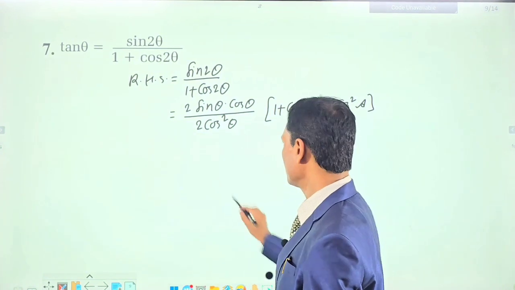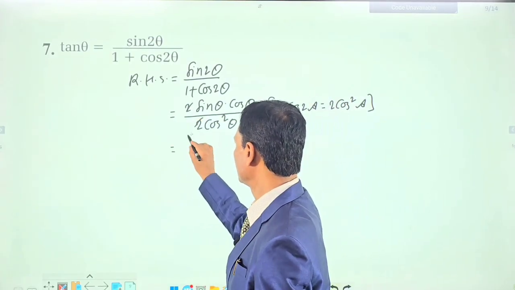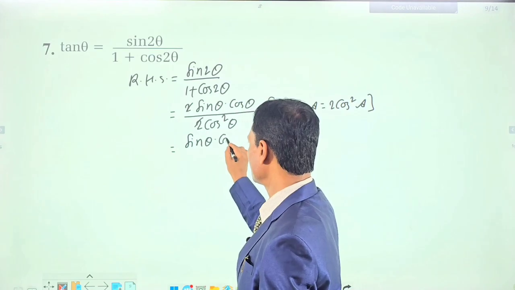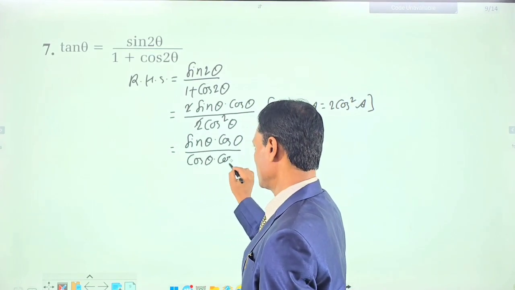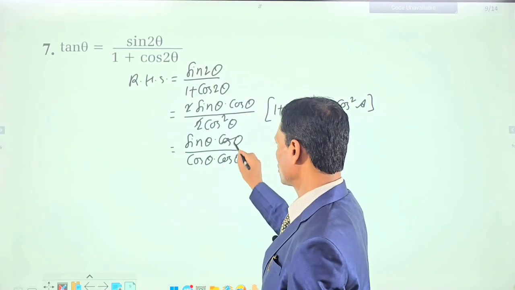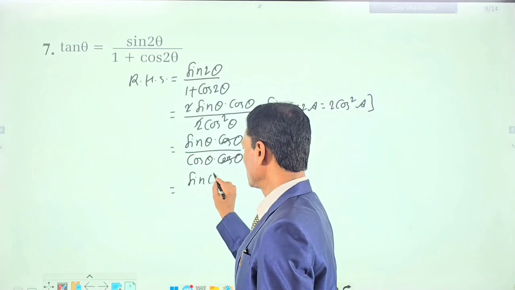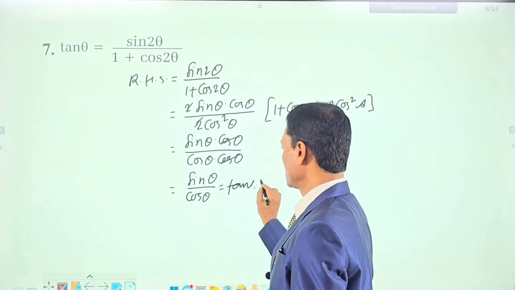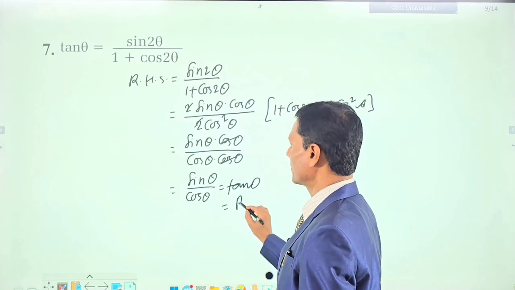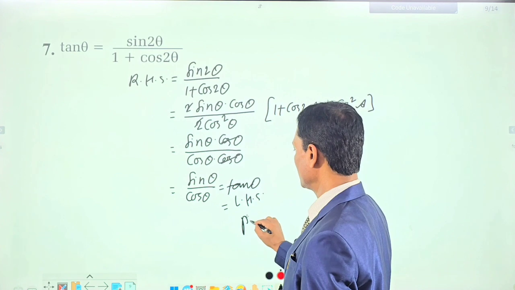Now here we can cut 2 and 2, and after that we have sin theta cos theta over cos theta cos theta. Again you can cut cos and cos, and then we have sin theta over cos theta equals tan theta, and that's our left hand side, and that's proved.